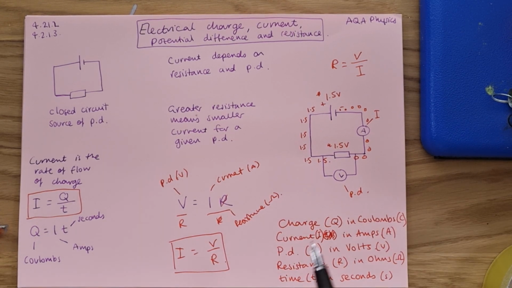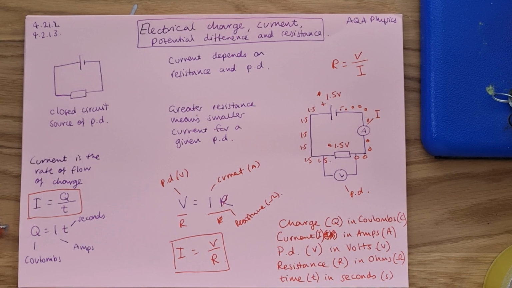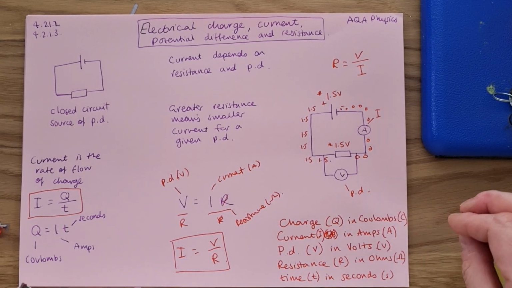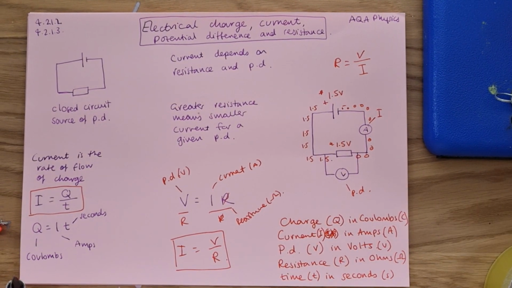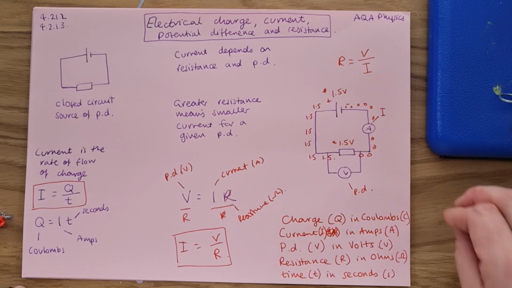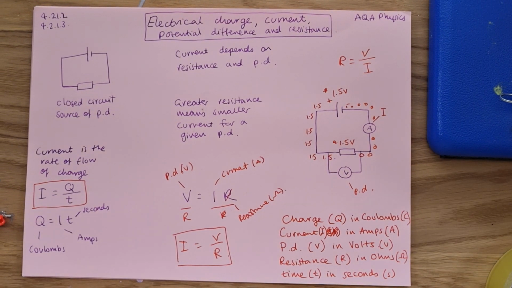And that's how resistance is defined. It's not a gradient or anything like that. Resistance is for what is the current for that potential difference, and it's the ratio of potential difference to current at a particular moment in time. Because for a lot of components, resistance changes as temperature changes, so it's not necessarily always constant. Okay, that's it.